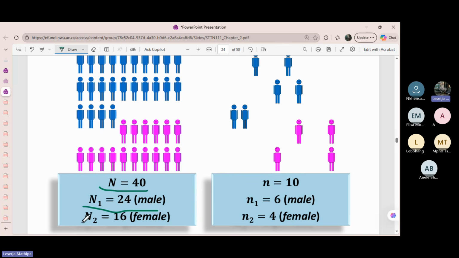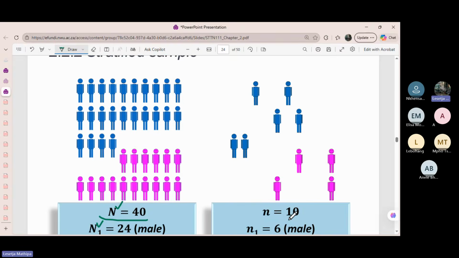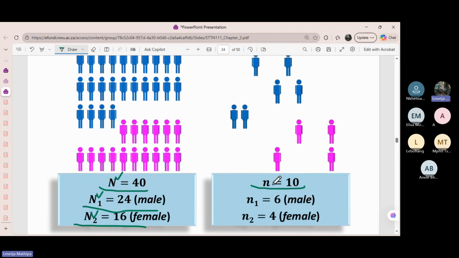The population stratum size for female is 16. We also have the sample size, small letter n, which is equal to 10. The sample stratum size for male is 6, and for female it is 4.